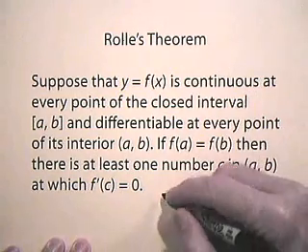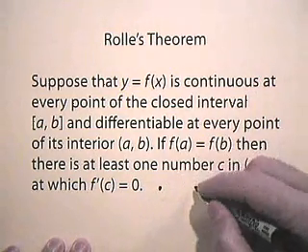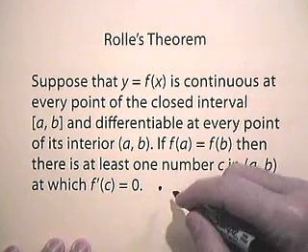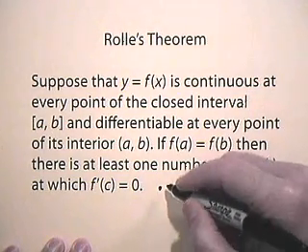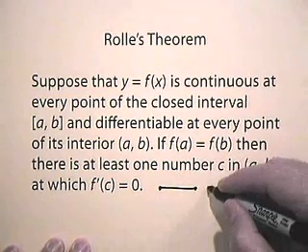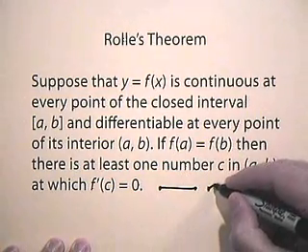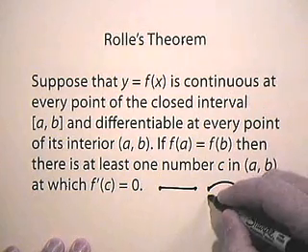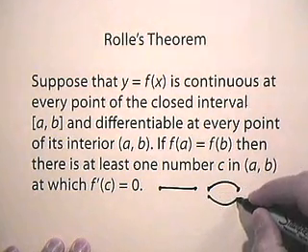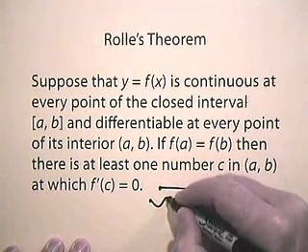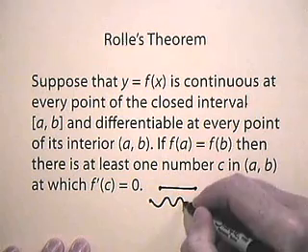If I have the graph of a function which has the same height at both endpoints of its domain, then since it's continuous, it's either constant, a straight line going across, or it could go up and then back down, or it could go down a bit and then up, or it might go down and up and wobble back and forth a few times.